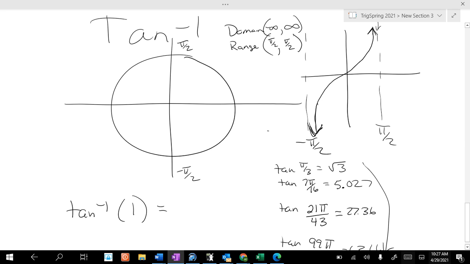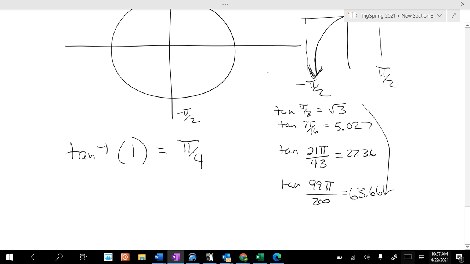I got some people saying pi over 4. I got some head nodding, because the tangent of pi over 4 is 1. So the inverse tangent of 1 is pi over 4.